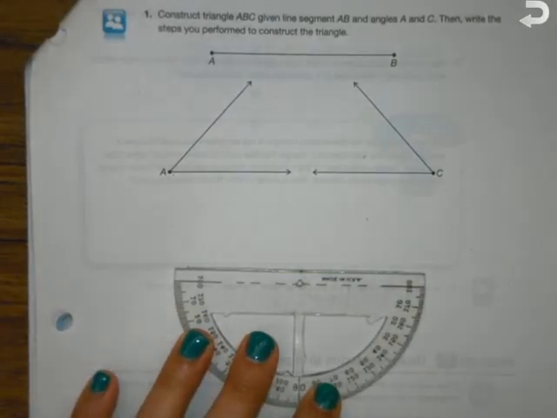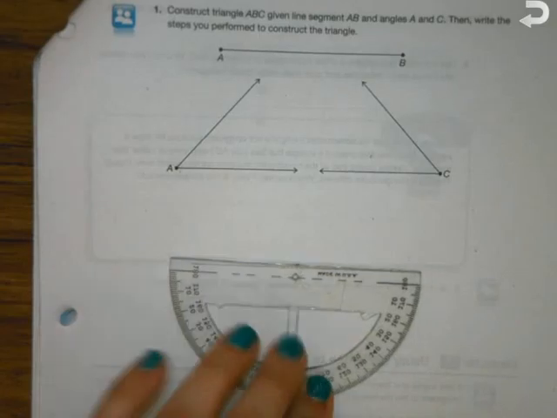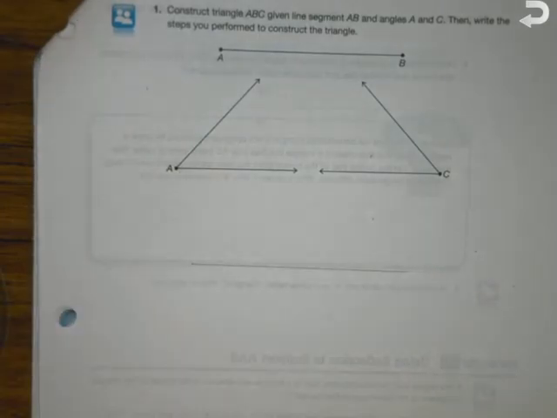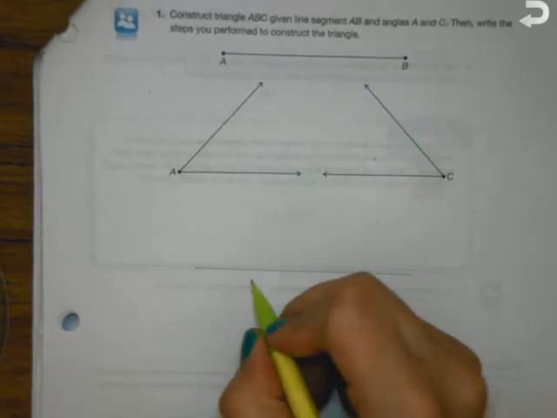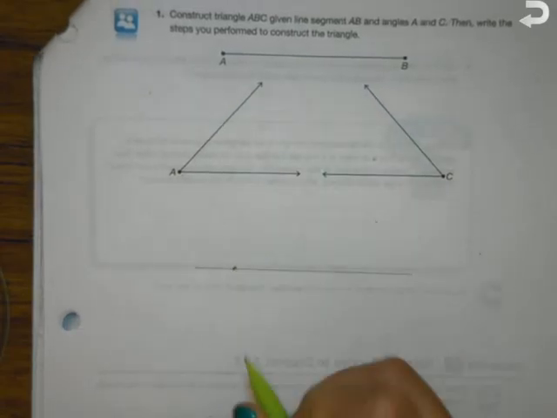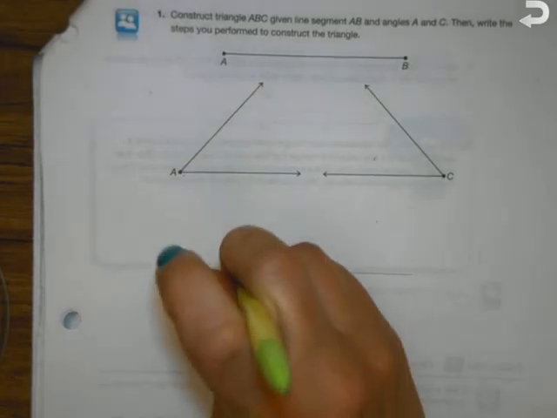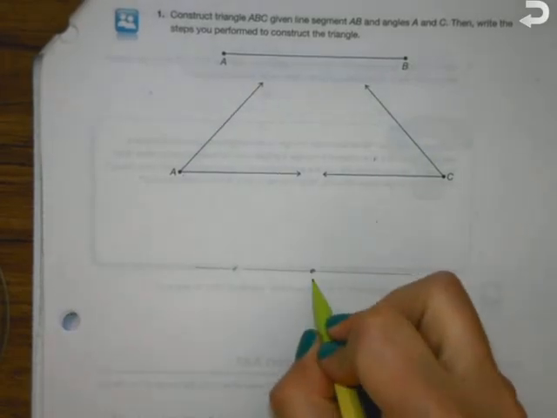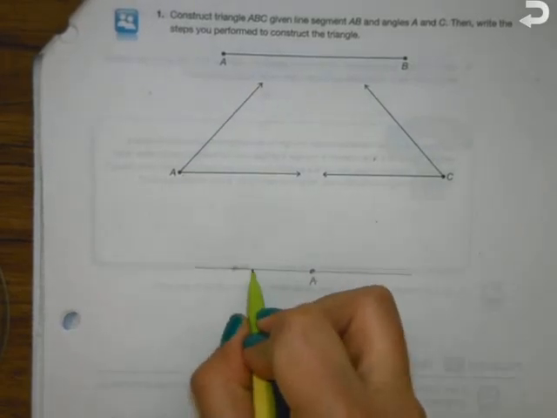So what we're going to do is first construct angle A and angle C. So we're not going to construct AB yet. So in order to construct angles A and C, let's do right in the middle, point A, and let's construct A.